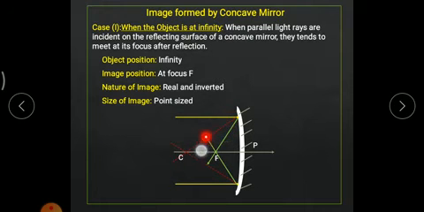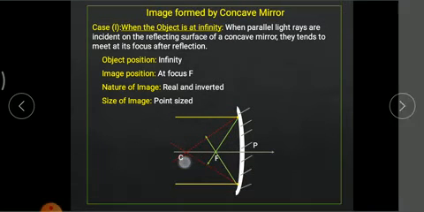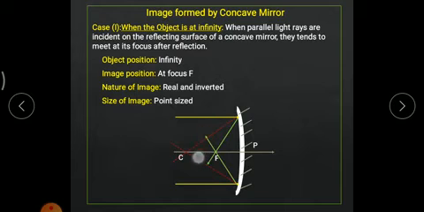As you can see, this line is passing through the exact center of curvature. Between the incident light ray and the reflected light ray, this reflected ray is passing exactly through the focus, which is residing exactly over here.